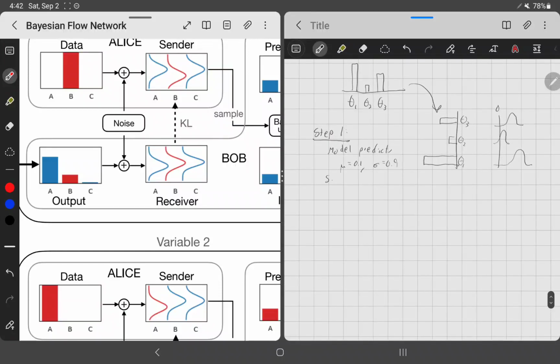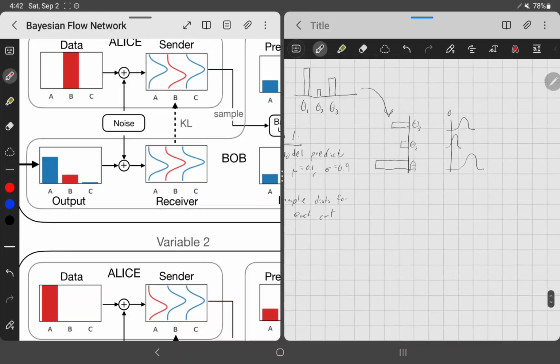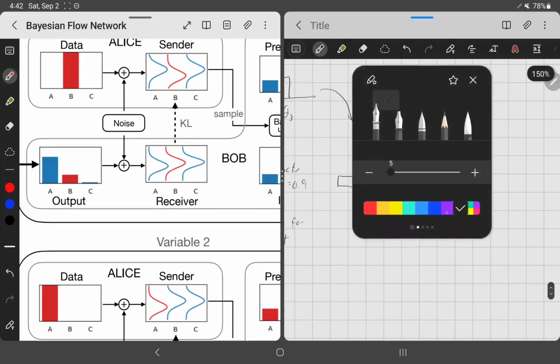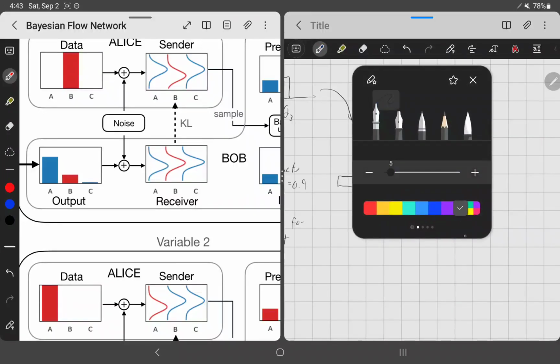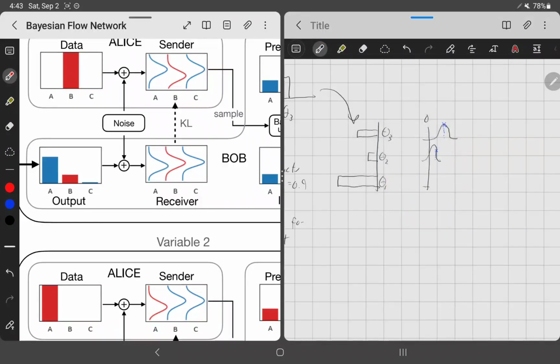Now we sample distributions for each category. So we sample each of these distributions here. Maybe I sample it and I get the exact mean for theta 3, and I get something kind of on the right for theta 2, and I'm going to draw this a little bit, right here.